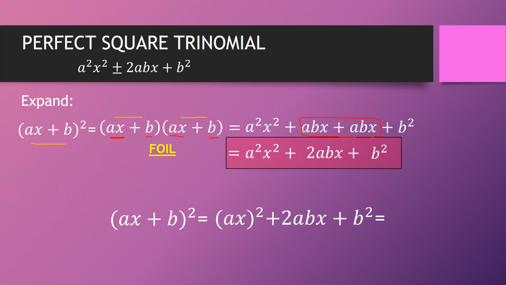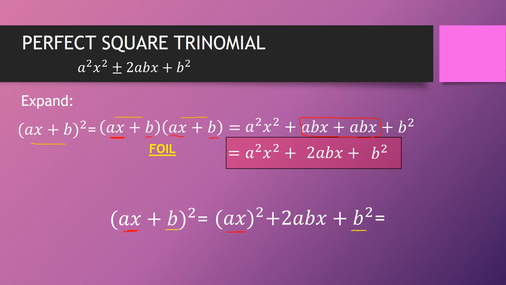You select the first term, and the first term is squared. Number two, the last term, the second term, the constant term, is squared.